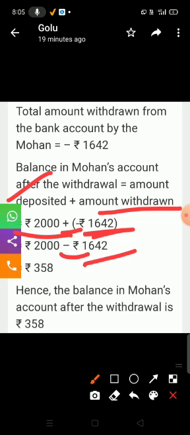Clear? Some rules are here for minus and plus.